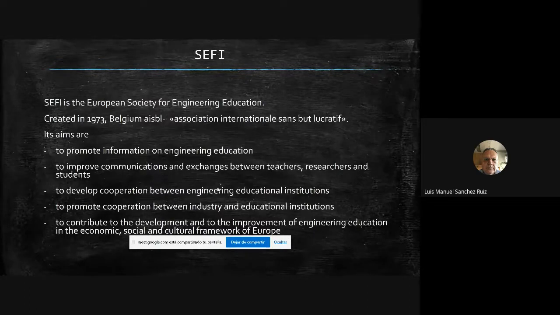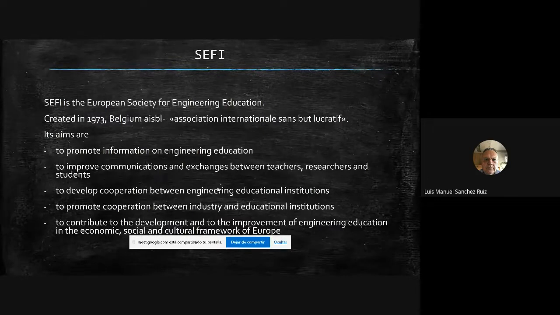We pay our fees, and from that we have an office and a general secretary in Brussels, Belgium, and we gather once a year in an annual conference that covers all disciplines. I will go through that very soon.